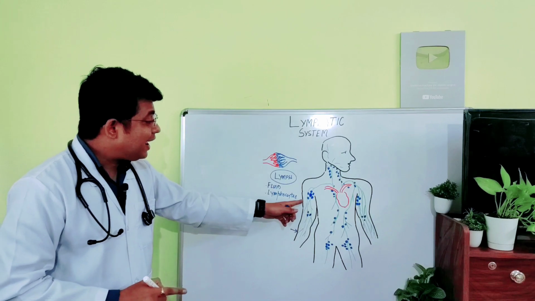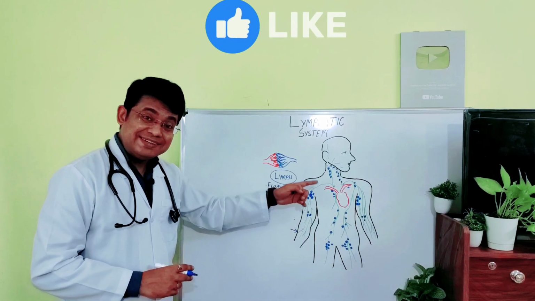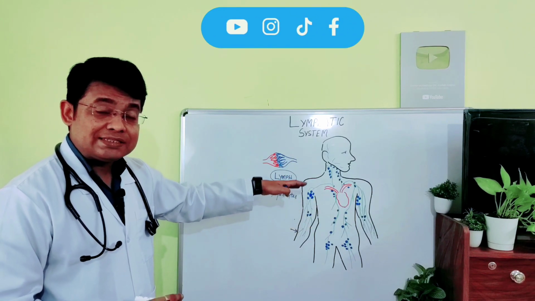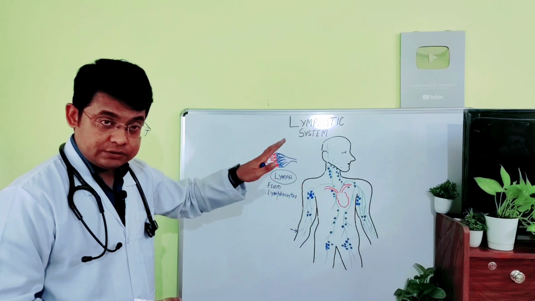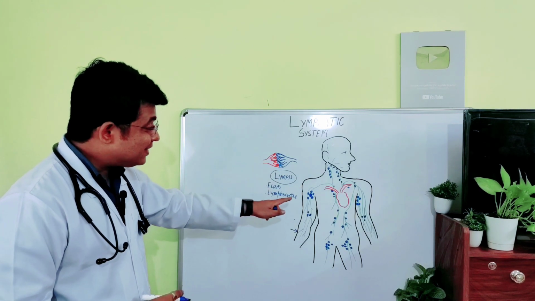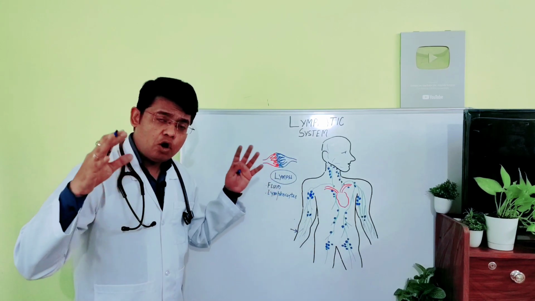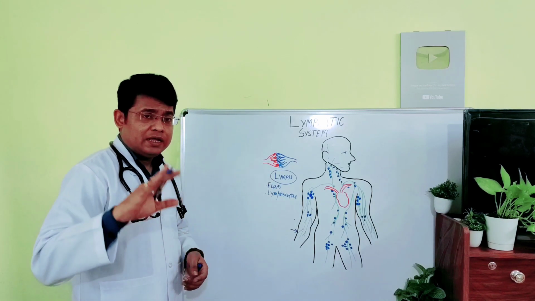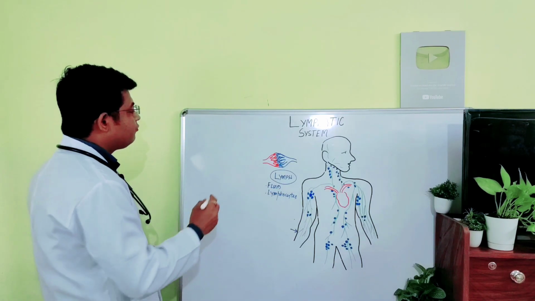After entering the lymph nodes, which are the places where there are the maximum number of lymphocytes. Lymphocytes reside within these lymph nodes, and there are a lot of them. There are mainly two types of lymphocytes within the lymph nodes.